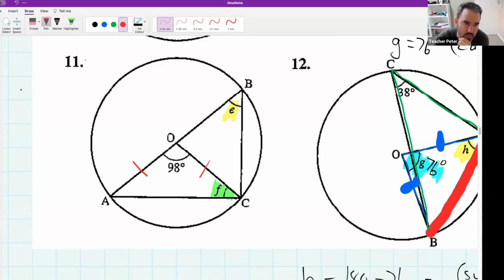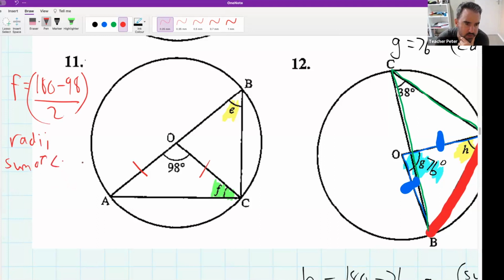I think the reasons we've been using so far would work quite well here, where you go 180 minus 98 divided by 2. And the reasons you are using are radii and sum of angles in a triangle.